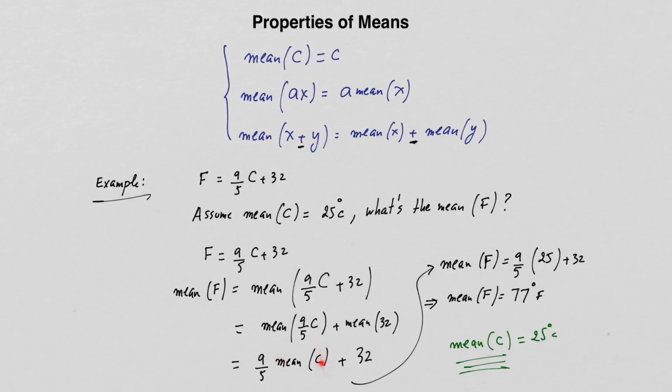I see it now. I see it with the naked eye. Now I'm going to replace it by 25. And of course, I'm going to get 9/5 times 25 plus 32, which gave me 77 degrees Fahrenheit. Okay? So that is a quick example. And I hope this is helpful. And actually, I'm surprised that the video is short. Take care.